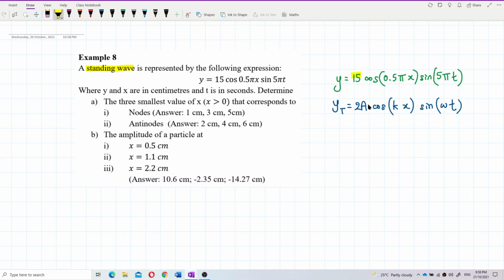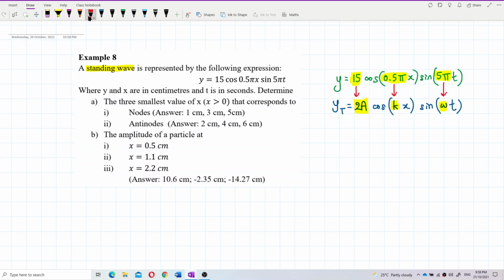The 15 is the maximum amplitude of the standing wave, and the k is 0.5 pi, because x compares with x and t compares with t, whereas the omega is 5 pi. This is how you relate them.